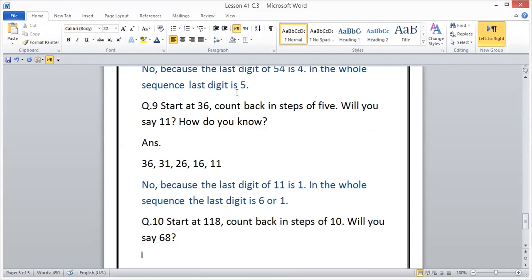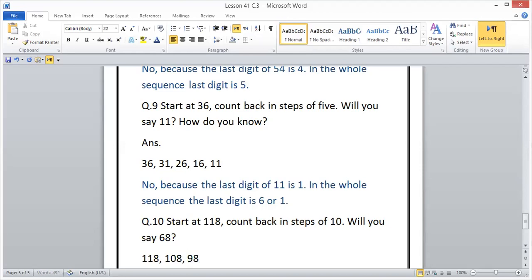We have already done 2 examples where we were counting back in steps of 10. You know that whenever we count back in steps of 10, the digit in the ones place doesn't change. When you start from 180, you count back in steps of 10. So 180 minus 10 will be 170.